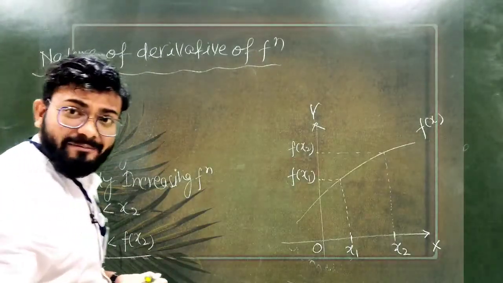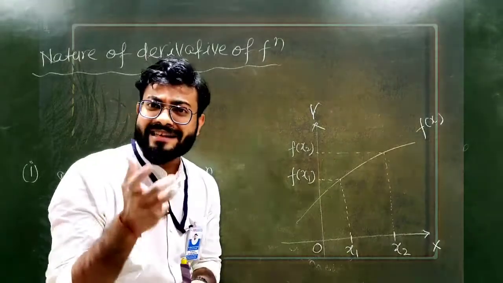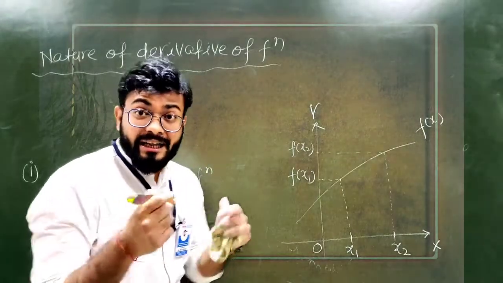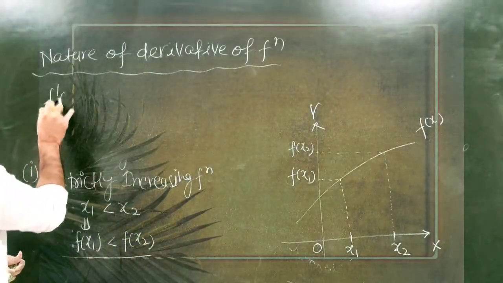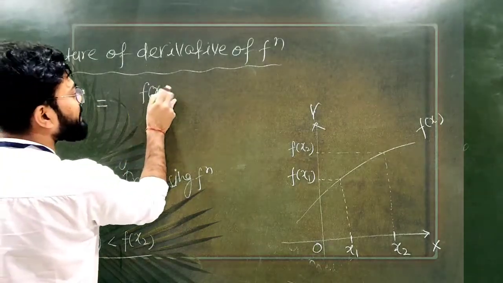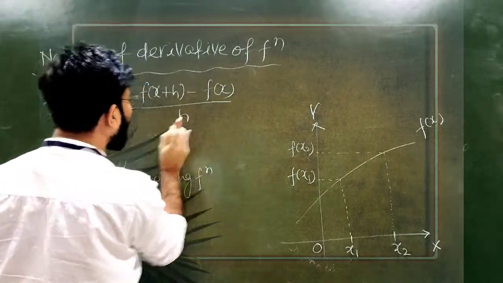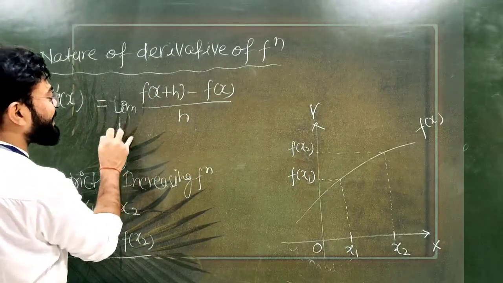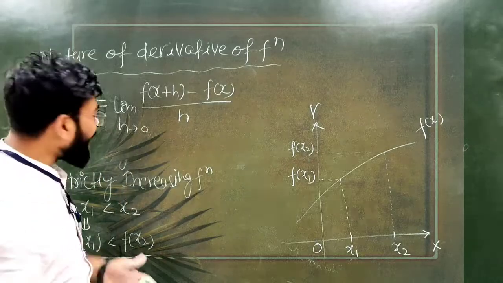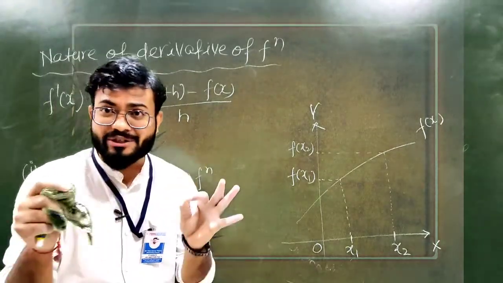According to the ab initio method, the derivative of function, f dash x, can be written as f of x plus h minus f of x whole divided by h, limit h tends to 0. h is a very small positive quantity which is almost equal to 0.